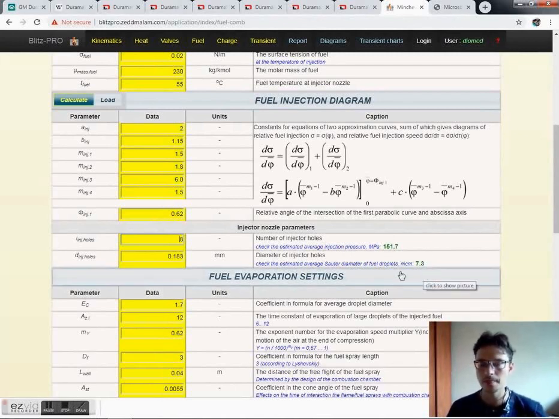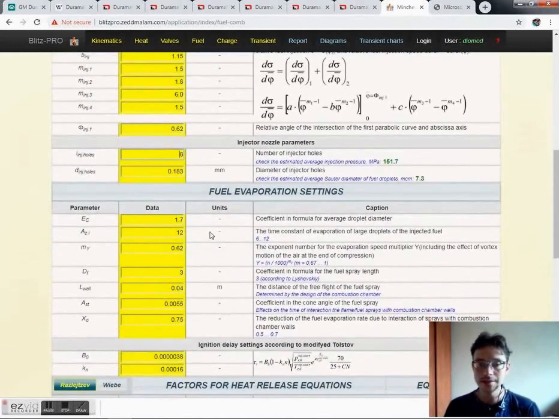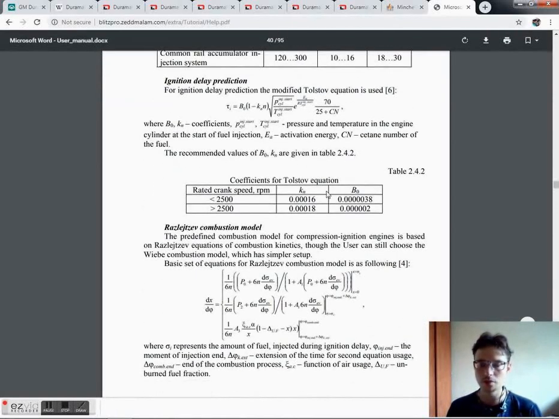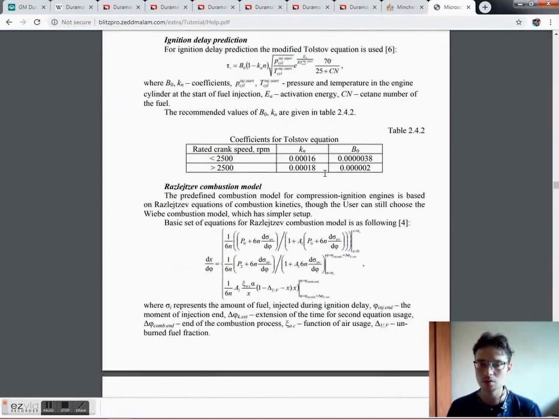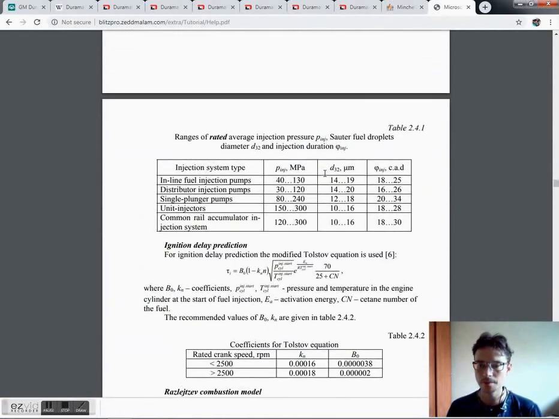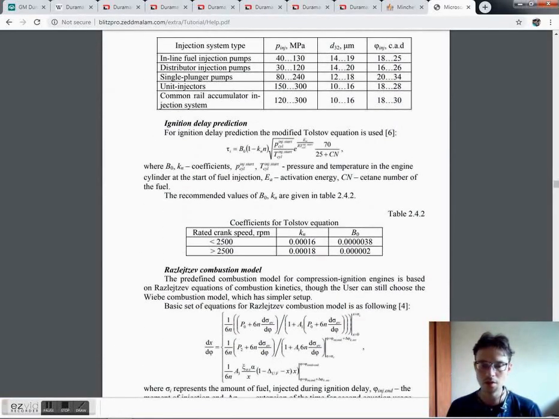Okay, so the next thing is to set up the fuel evaporation, and we can also use this guide from the user tutorial, which talks about the coefficients we can take for this setup.